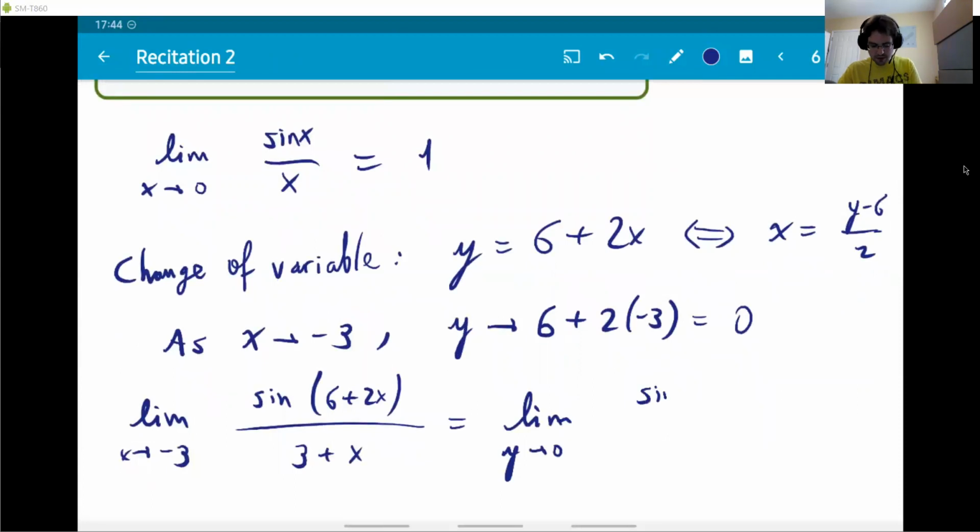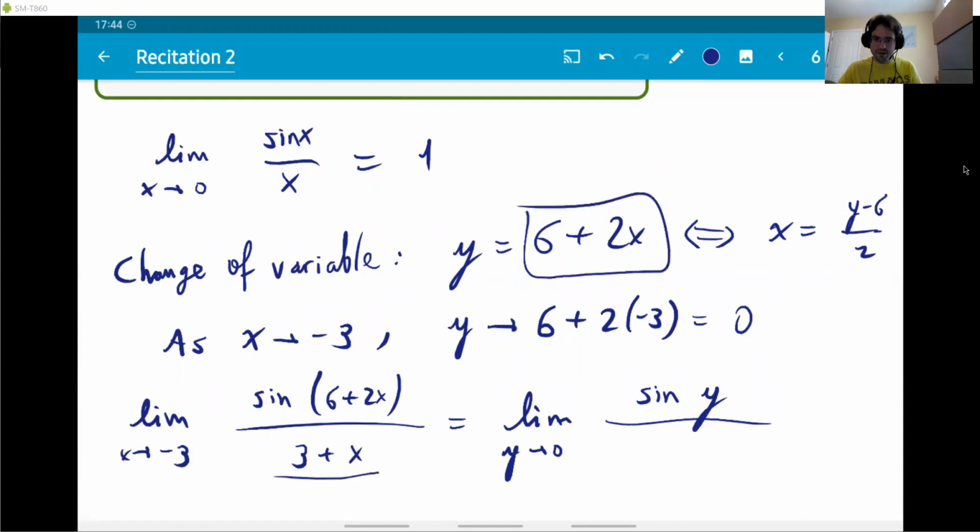Now the thing upstairs, 6 plus 2x, is precisely the thing that we had called y. That's why we're doing this change of variable. The one downstairs, if you look at it, you may recognize immediately it's y over 2. Right? 3 plus x is just half of this expression that gives you the y. But if you don't recognize that, you can always just use the formula for x in terms of y that we found up there.